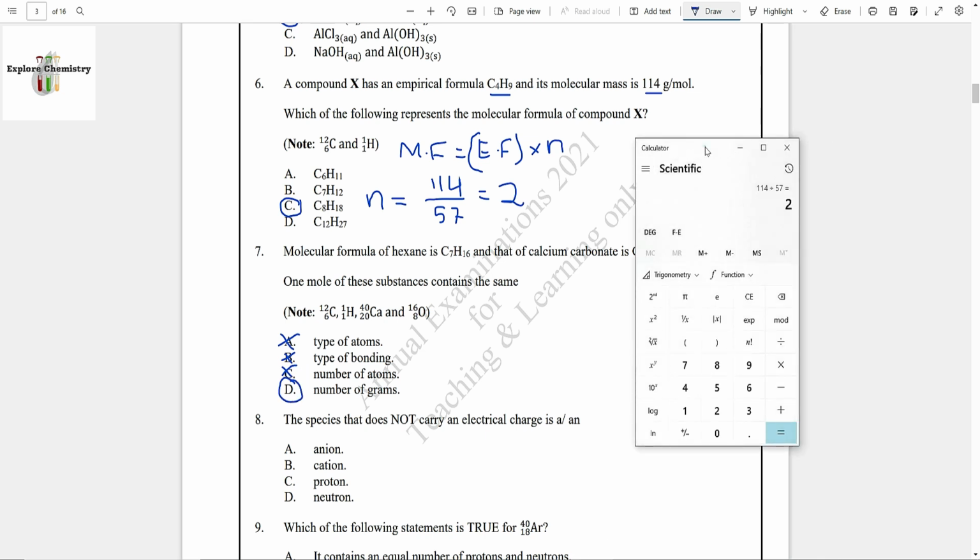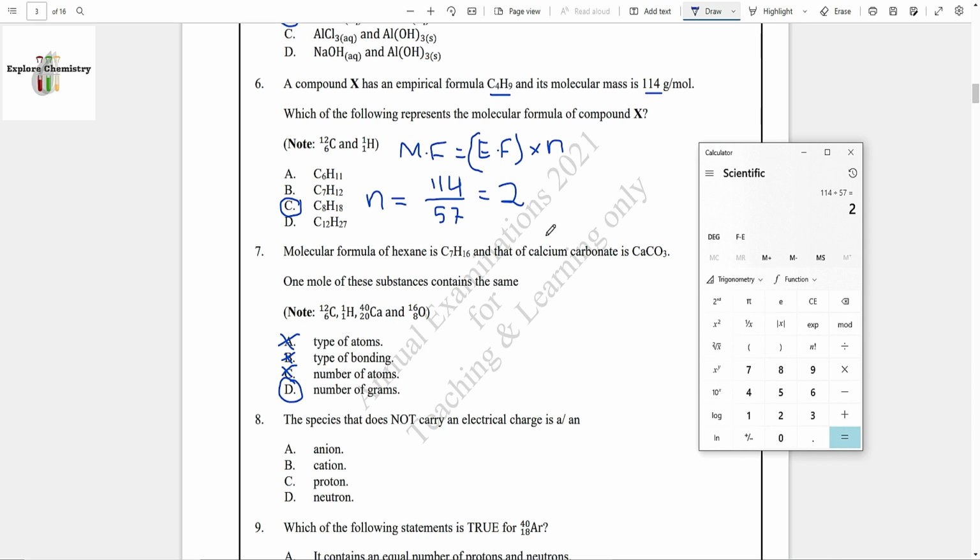If you calculate the molar mass of both the compounds, carbon 7 plus 16, the molar mass of hexane is 100. Calcium carbonate molar mass is 40 plus 12 plus 3 oxygen atoms, so I am taking it 3 times, it is also 100. So the number of grams or mass is the same.